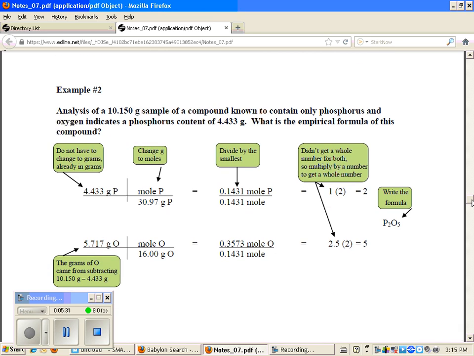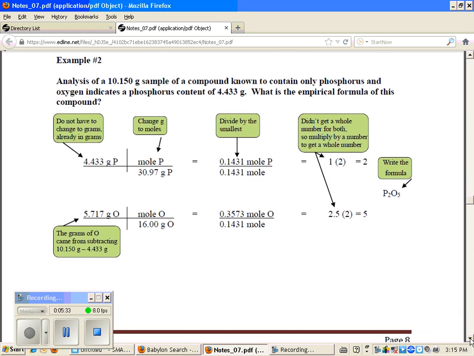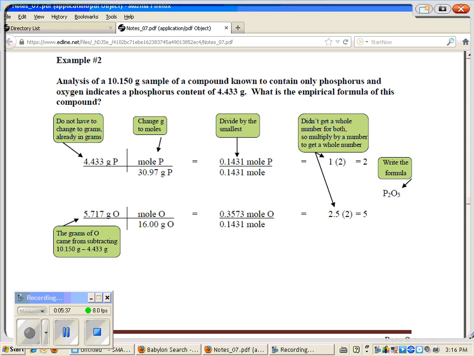Here's an example where I do not get the same information. I do not get a whole number. So again, in this case, I have a 10.15 gram sample of a compound. It has phosphorus and oxygen in it, and it tells me that the phosphorus is 4.433 grams.